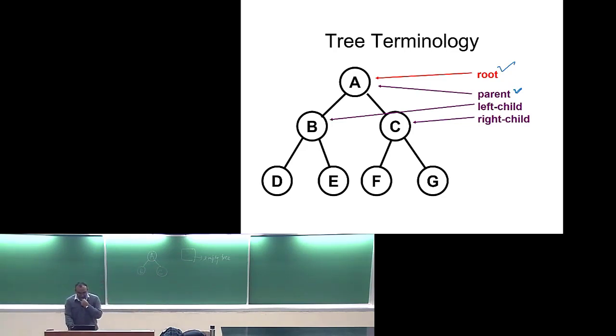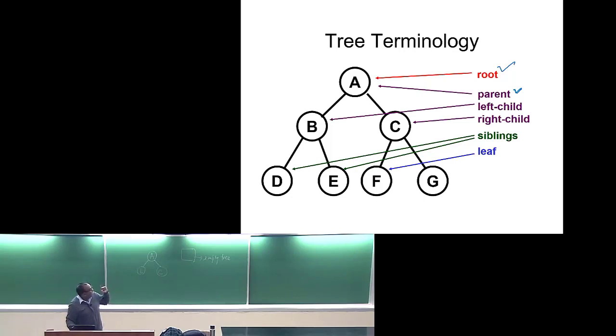So A is a parent, B is a left child, C is a right child, and recursively you can go down. You can further define D and E as the left and right child of the parent node, which is B. Now D and E are siblings for the reason that they share the common parent, which is B.